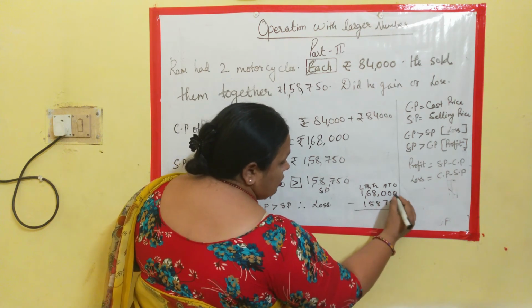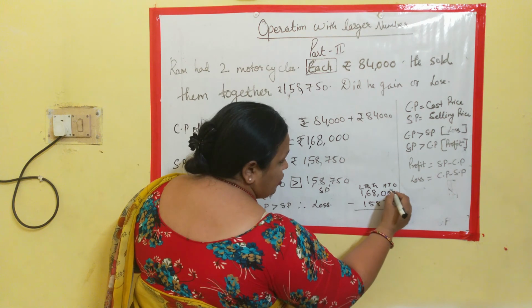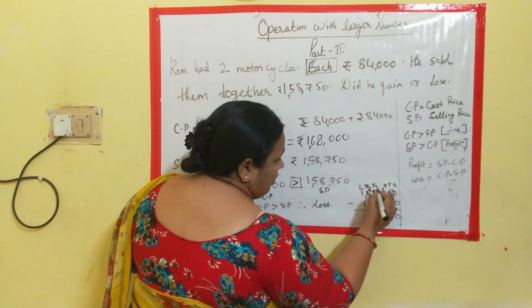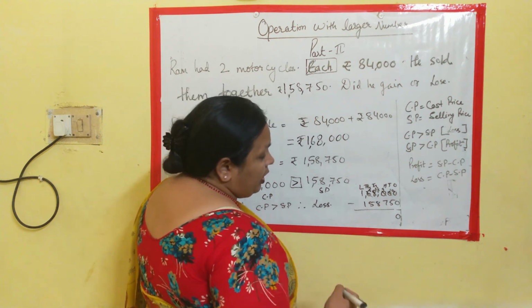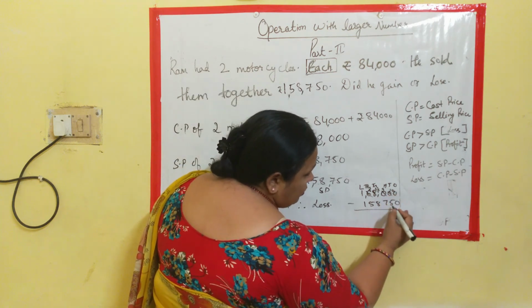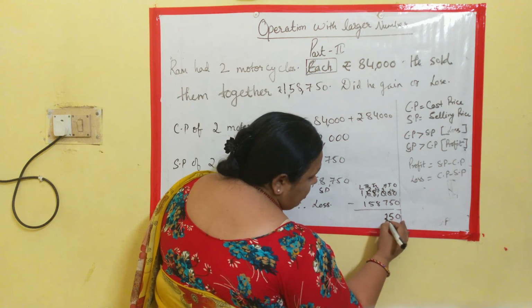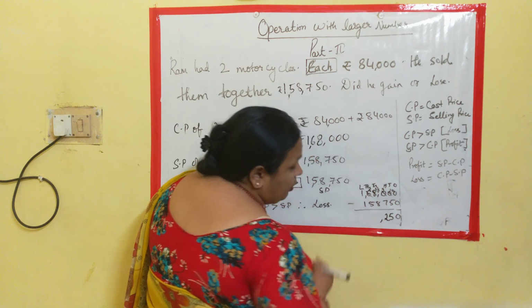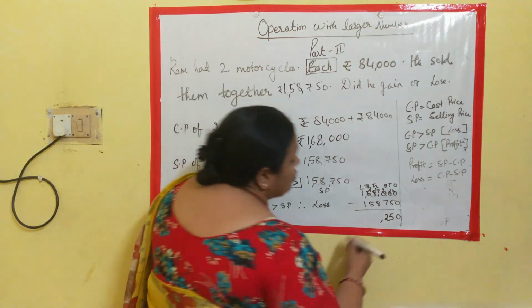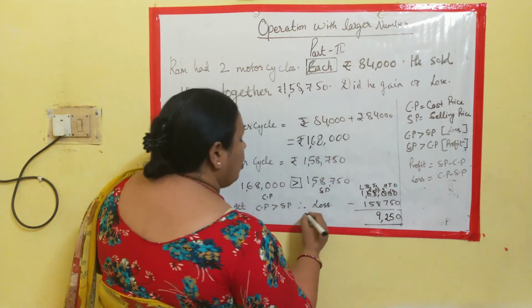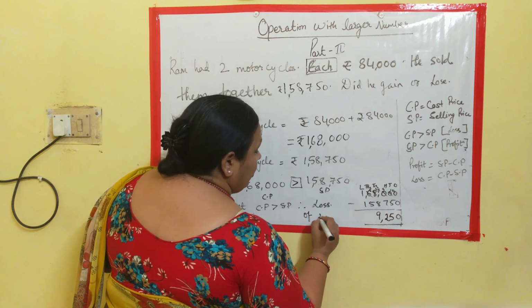So for loss, this is 0 and 0, here it becomes 10, here it is 9, this is 7, here it is 5 and 1. So we have 10 minus 5 is 5 and 9 minus 7 is 2. Here it is 8 and above is 17. So this becomes 9. So he had a loss of rupees 9,250.